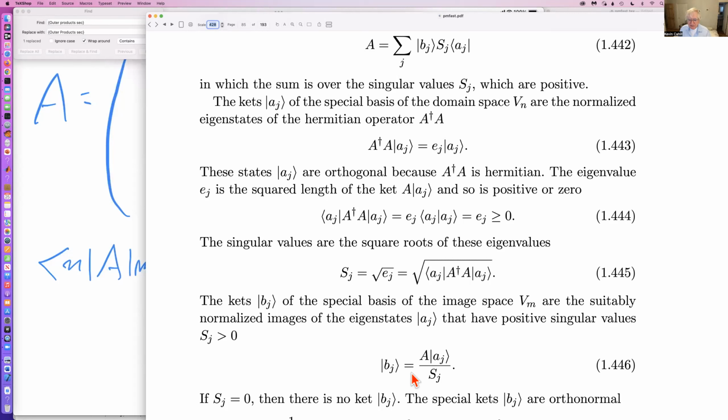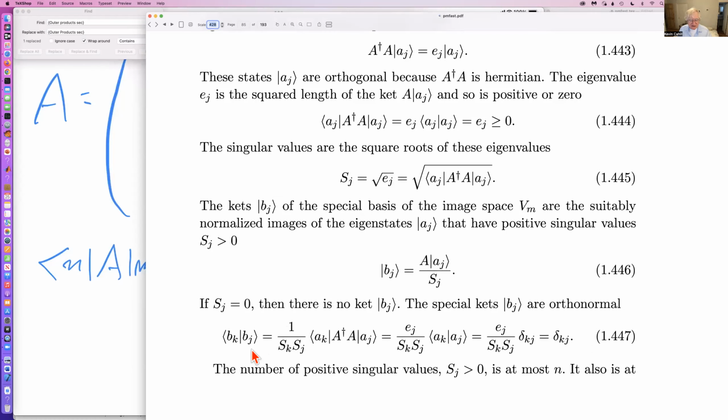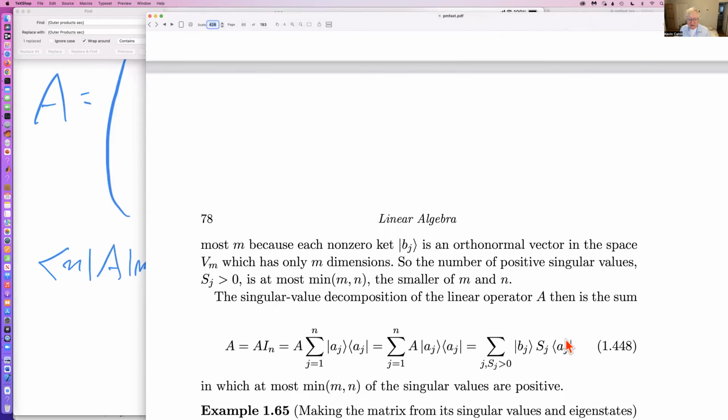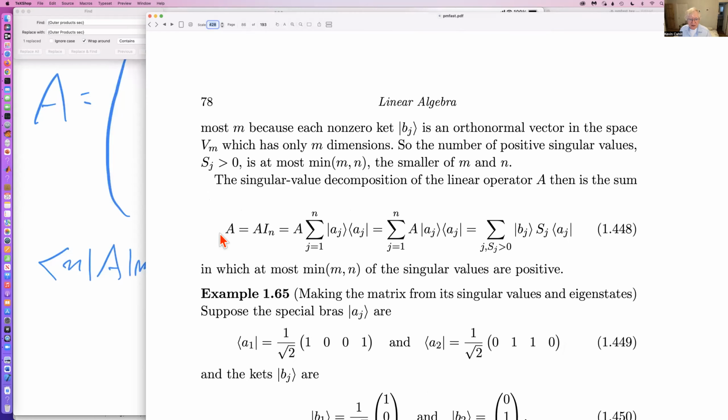And now if you substitute this into there, what you get is that, first of all, you can find the BJ's are automatically orthogonal, and the operator A, or the matrix A, is written as a sum of the outer products of the BJ's and the AJ's, weighted by the singular values, which are non-negative.